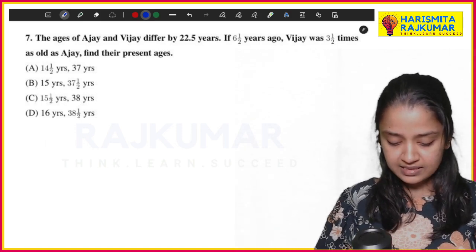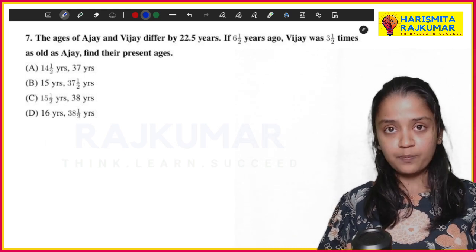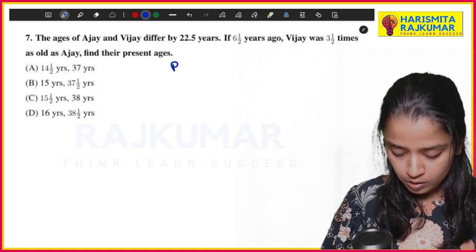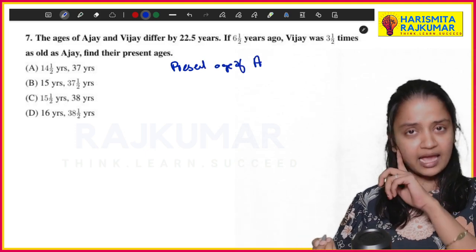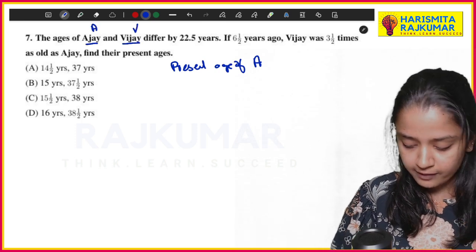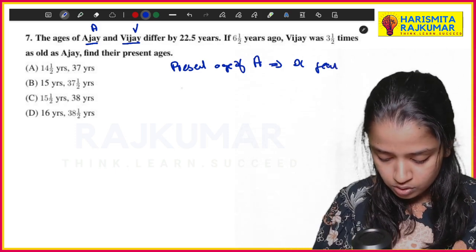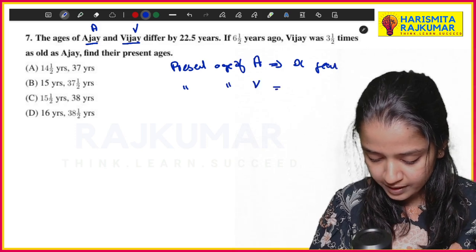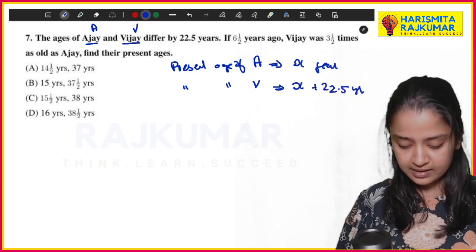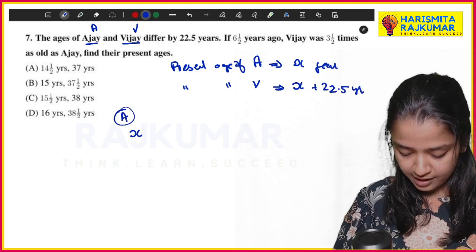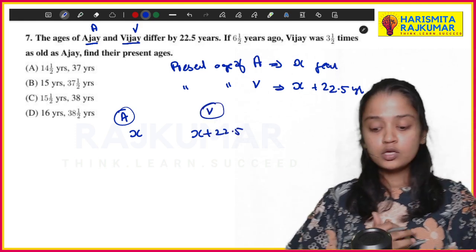Let me keep the present age of Ajay as X, writing Ajay as A and Vijay as V. Then Vijay's present age will be X plus 22.5 years. So X is Ajay and X plus 22.5 is Vijay.